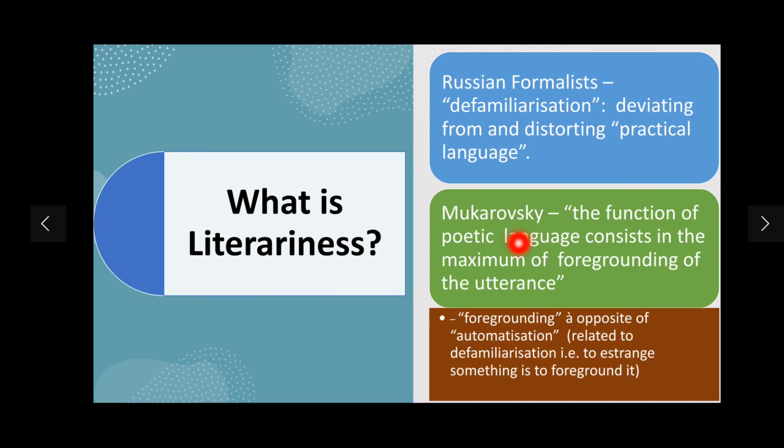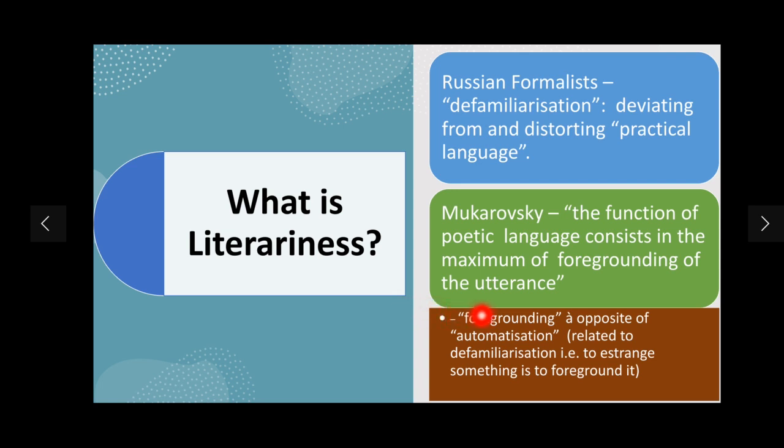Mukarovsky says the function of poetic language consists in the maximum of foregrounding of the utterance. So he's talking about the importance of foregrounding. Here we have another definition or notion of foregrounding. Foregrounding is the opposite of automatization, right? Automatization is something which is common.